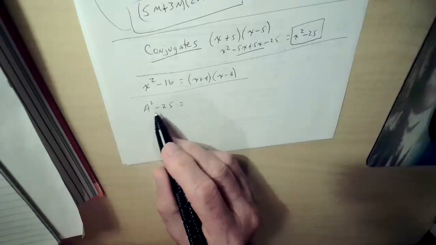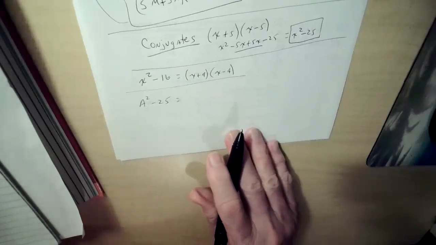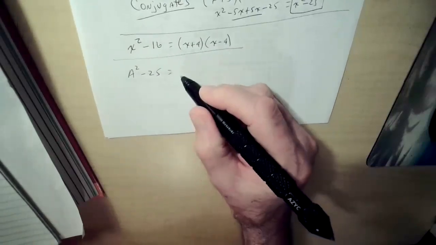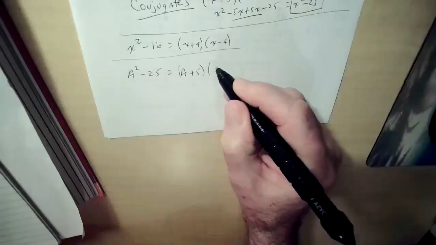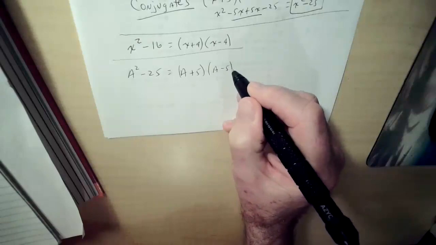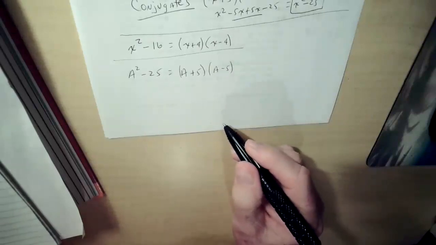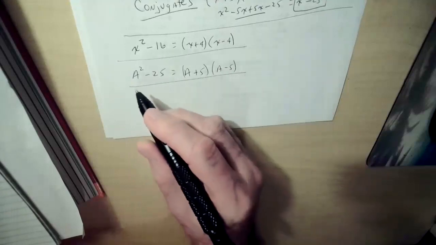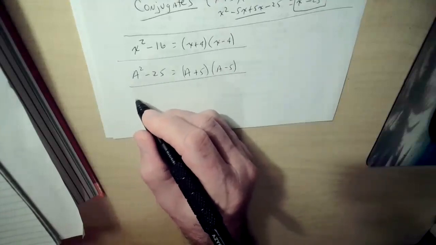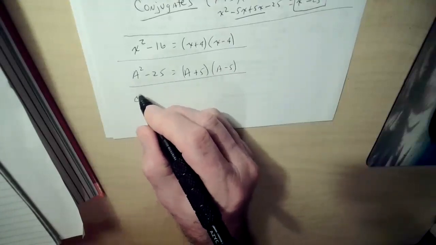Right? What about this? a squared minus 25. Both of these are perfect squares. It's going to be equal to a plus 5 times a minus 5. Right? Right.